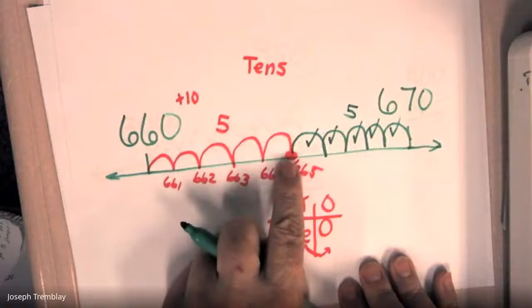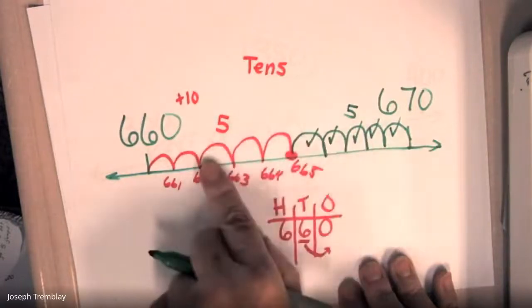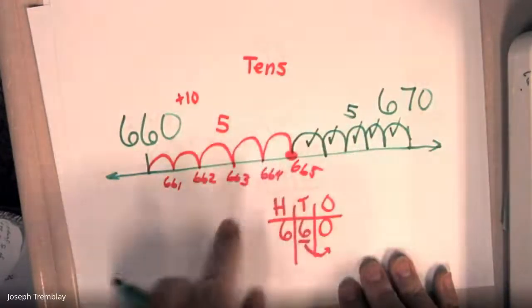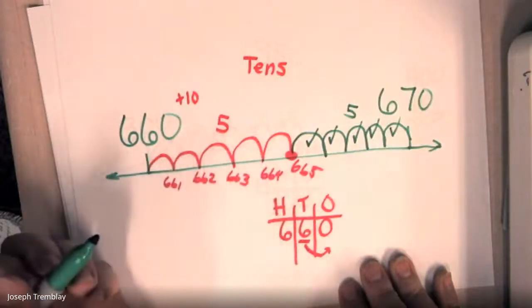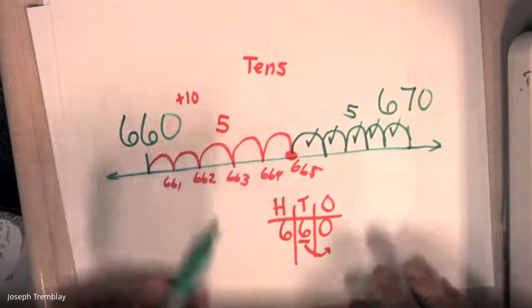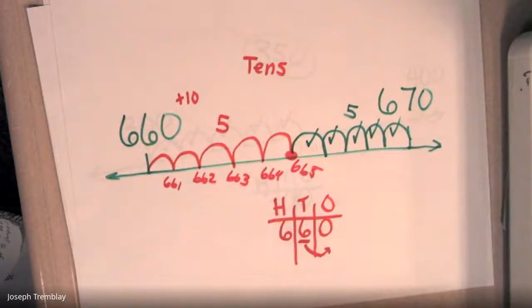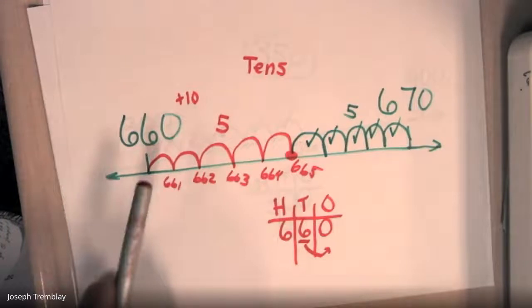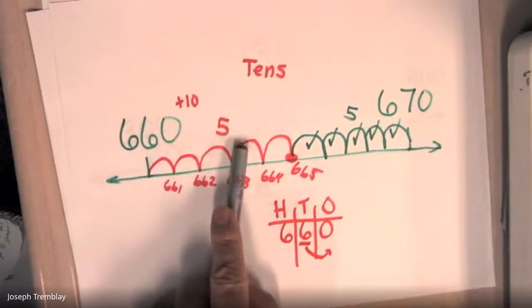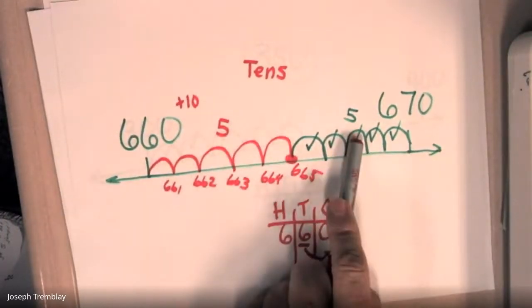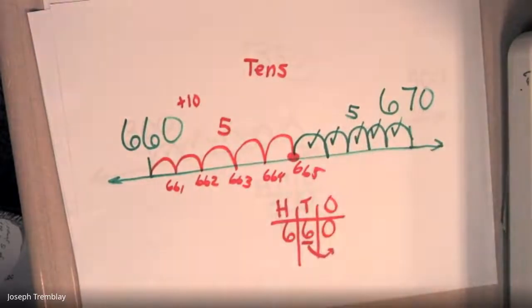So that gets me right here in the middle. 5 and 5, right? 5 jumps and 5 jumps. So that gives me that total amount of 670, when I have 660 plus 5, 665, and 5 more would give me 670.